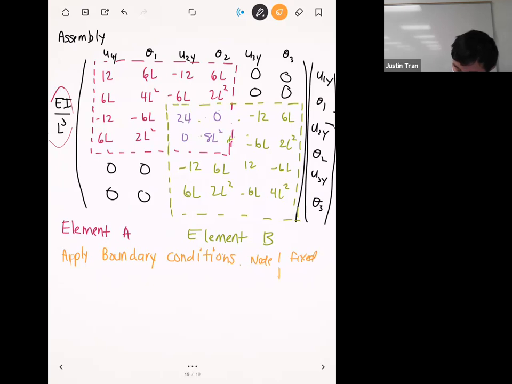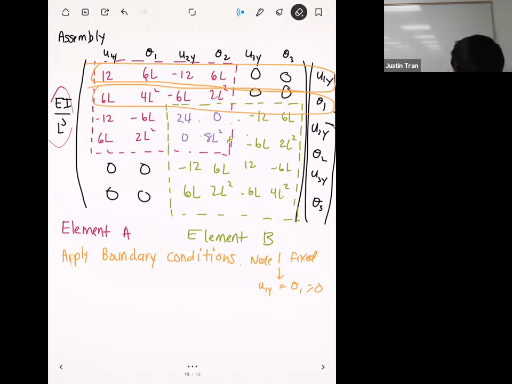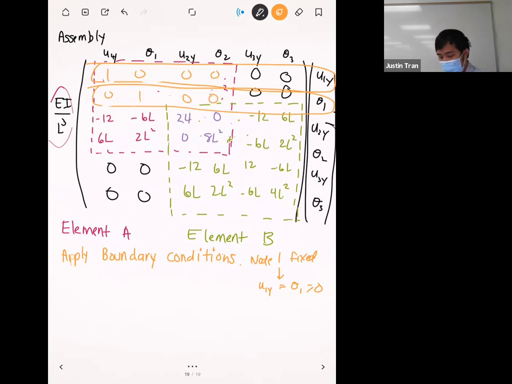And so since node 1 is fixed, this tells us that u1y is equal to theta 1 is going to equal 0. And so that's going to make us knock out the first 2 rows in our matrix. And so we're going to replace that entire row with zeros, except for ones on the diagonal.